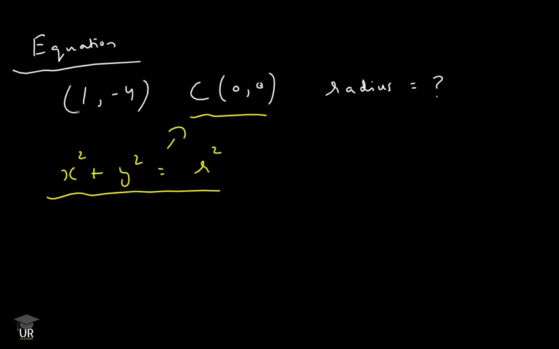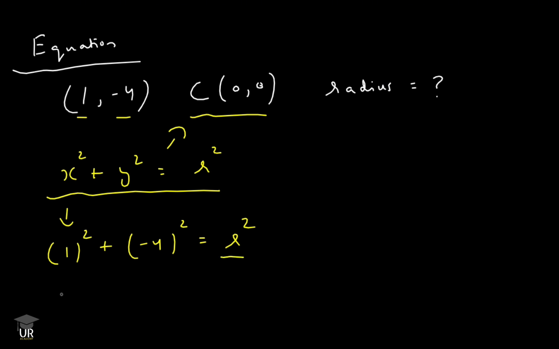So now we will substitute x and y with 1 and minus 4. So instead of x, now I will write 1 square plus, instead of y, now I will substitute minus 4 square is equal to r square. So we need to find the value of r here.